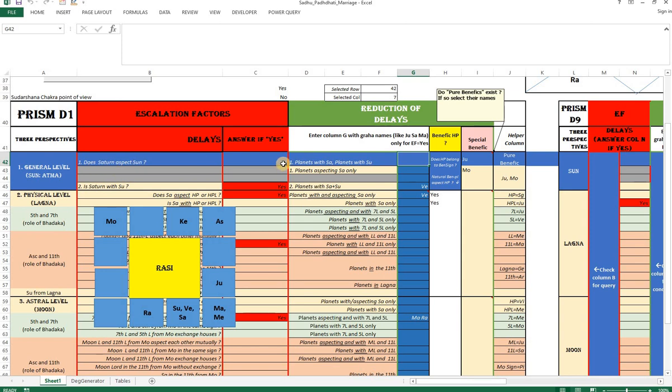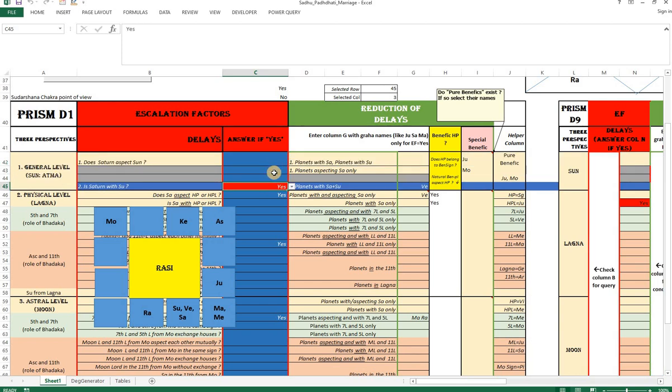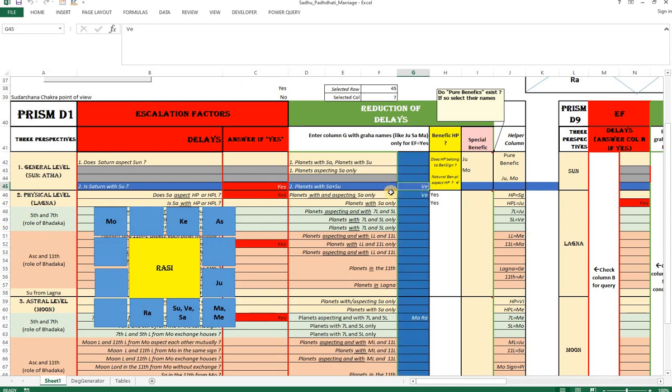This has to be answered only for the rows which have a yes here. So you don't have to bother about other rows. When I see a yes here, I immediately come and answer something here. Or planets with Saturn plus Sun here. Yes, Saturn plus Sun has a Venus there. So I write the name of the planet here.